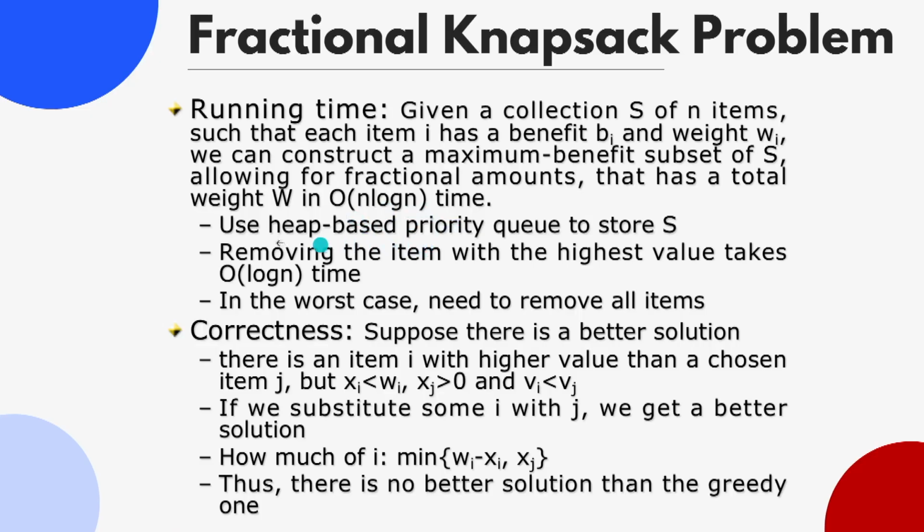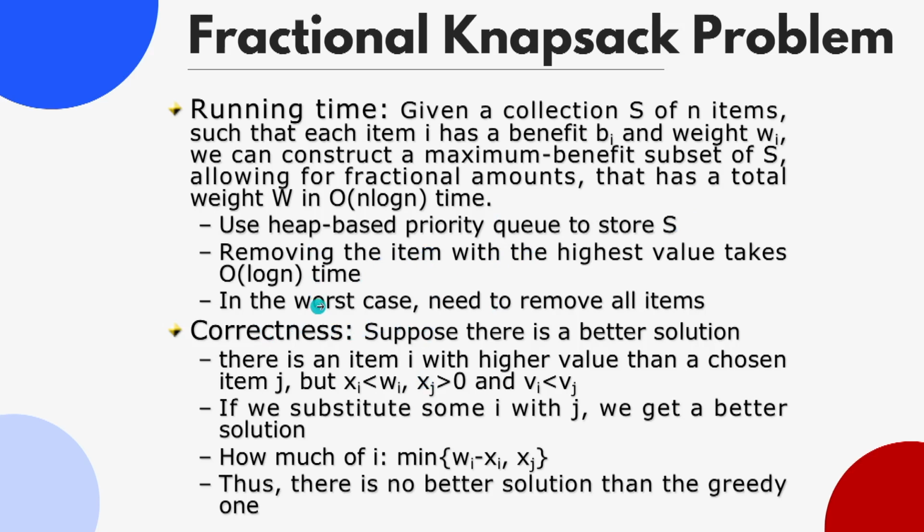For storing all of those items, we can use a heap based priority queue, and removal of every item from the heap based priority queue requires a time complexity of order of log n. So, if we add up n items, it is going to be n log n. Only in the worst case would this algorithm make us add or remove all the items from the heap.